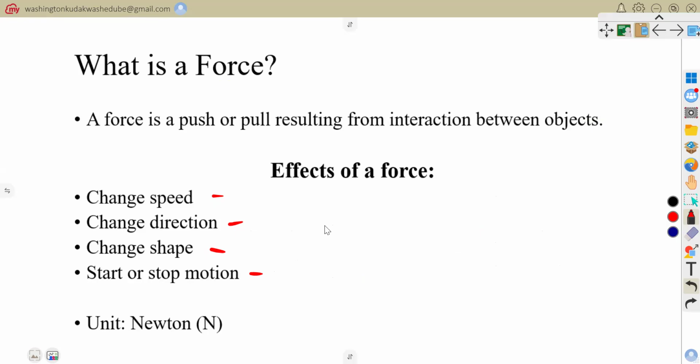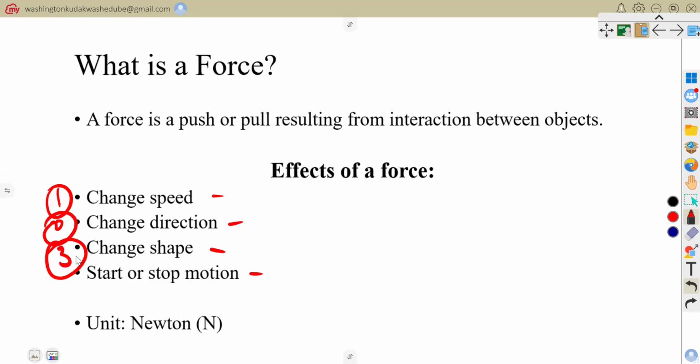So a question will come into your exams and it will ask you to name or state either 4 or 3 effects of a force. You can either choose to say that a force will change the speed of a what? Of an object. It can also change the direction of that object.